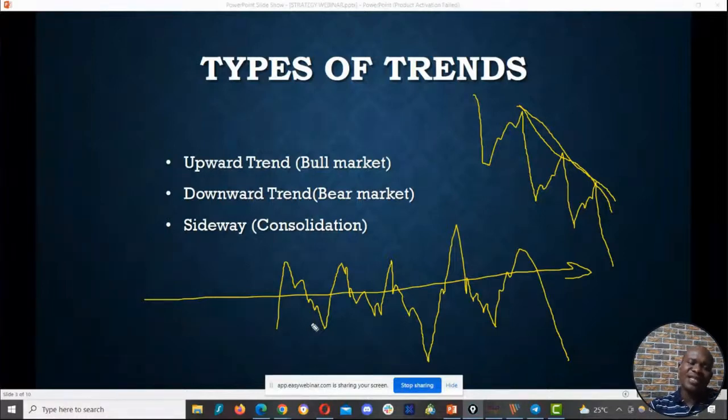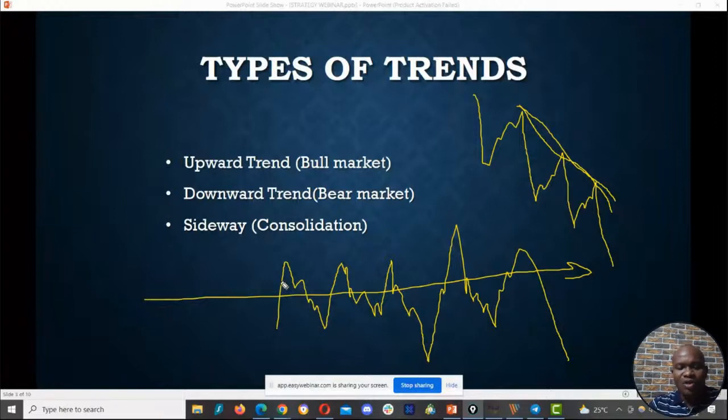Now, I've seen a lot of traders putting trends all over the charts. It's not about putting trend. That doesn't determine the direction of the market. We are only using trend for a particular thing, to identify a particular setup in our own case scenario. The most important thing is that the majority who are putting trend are putting it wrongly. They don't know exactly where to put the trend.